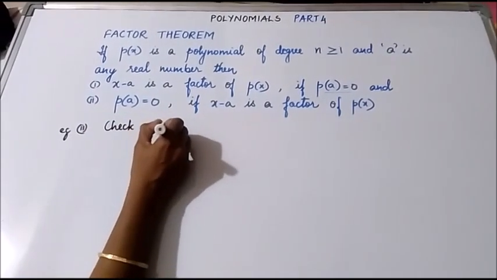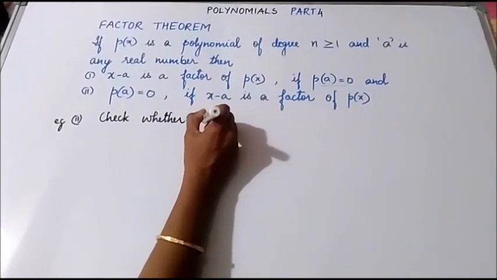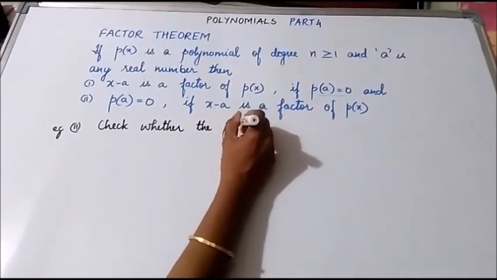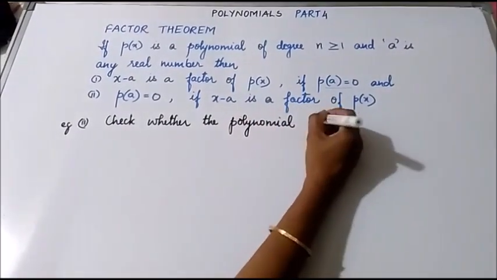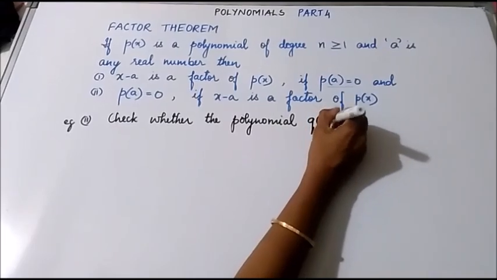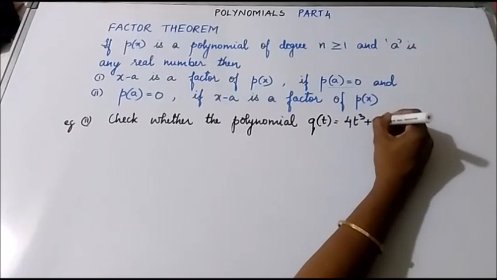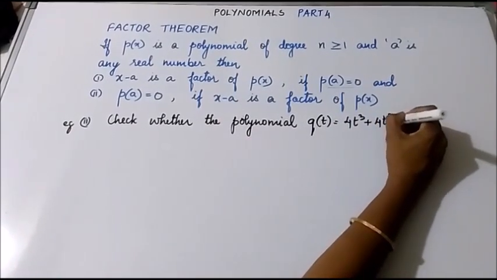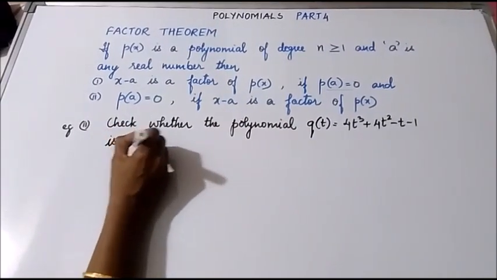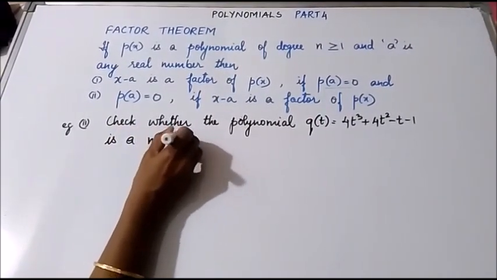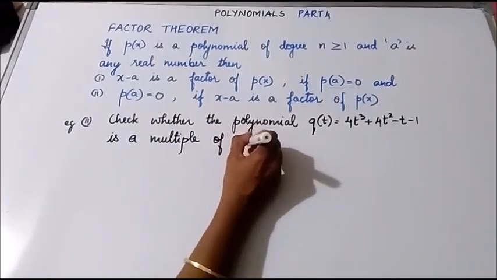Check whether the polynomial we have been given, 4t cubed plus 4t square minus t minus 1, is a multiple of 2t plus 1.